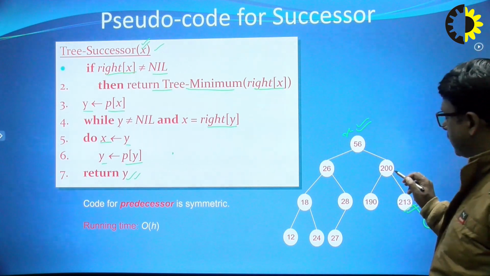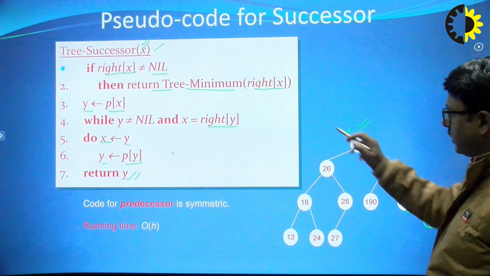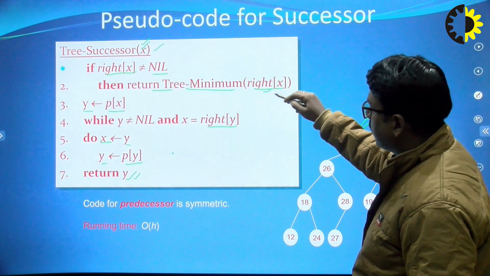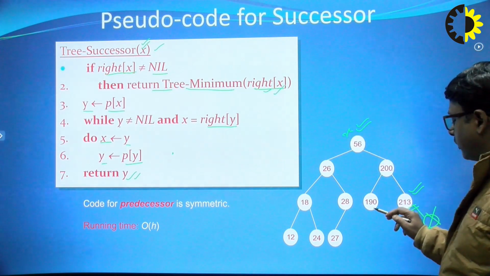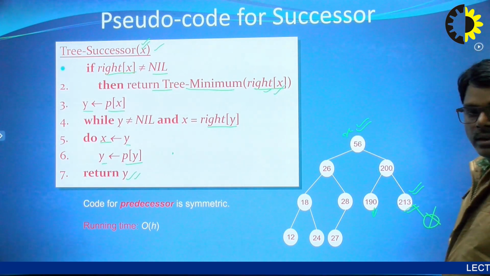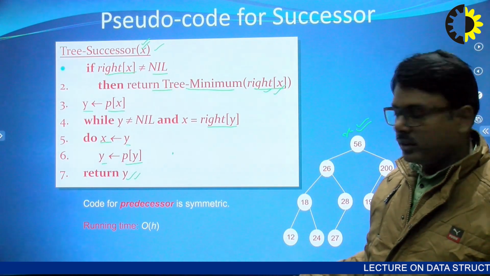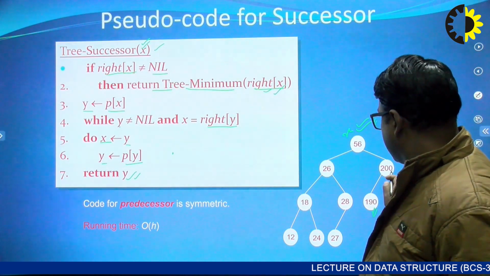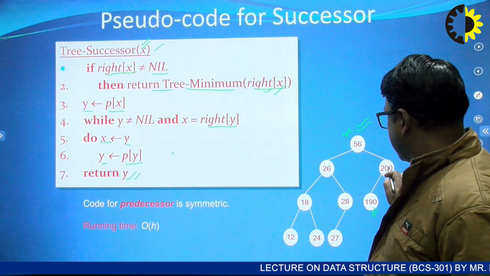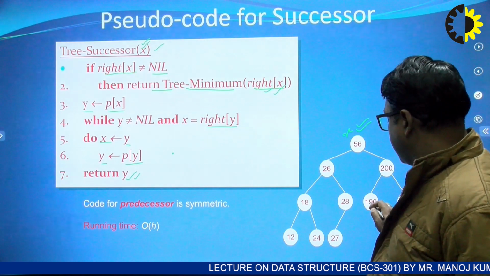Again, it will move here, and this is a recursive call. It will continue till it reaches the value at the leaf or the last node, and this is how we get the successor. So the successor of 56 will be 200, and the successor of this will be 190.